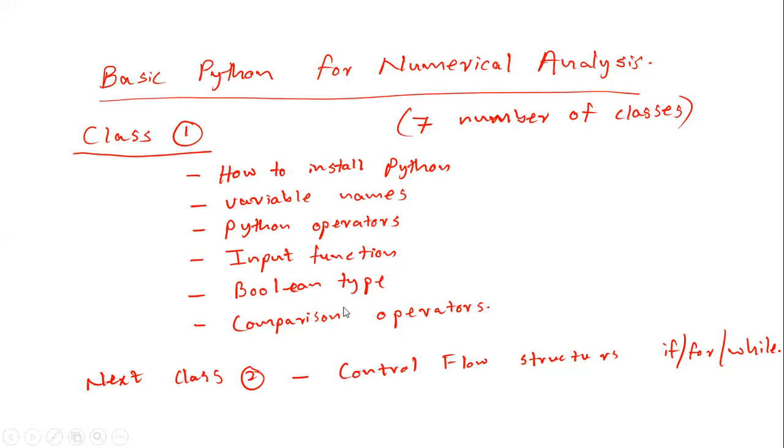So we will meet in class number 2 with our next video. I plan to do control flow structures, that are if, for, and while. So I'll remind you that I'll be doing 7 videos, and this is video number 1. So I'll see you in video number 2.